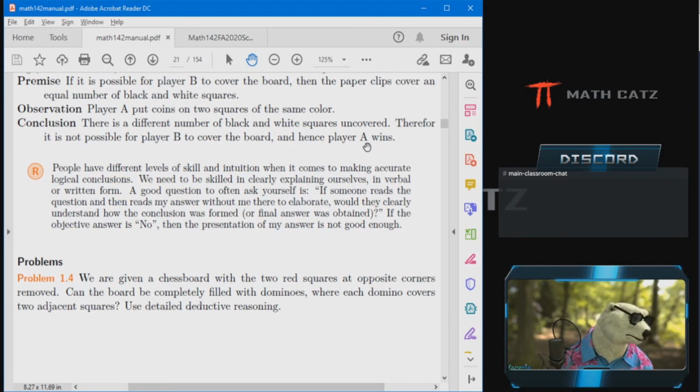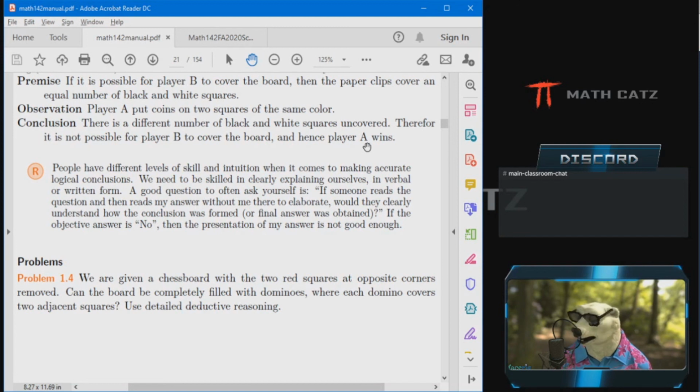So it might take you some time. Match it with the rain and the grass format and see how this is the alternate version of deductive reasoning. If it's possible for B to cover the board, there has to be an equal number. I then observe, due to what player A has done, perhaps I observe black and white squares that are not the same number.